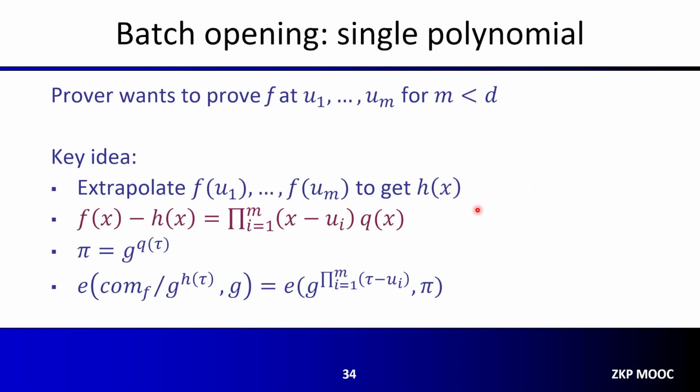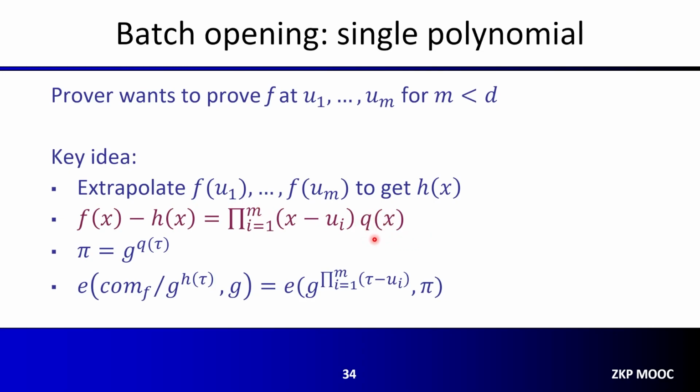And there exists a unique polynomial h of x of degree m with such a property, with a leading coefficient 1. So with such a polynomial h of x, then we have a new equation here. f of x minus h of x equals the product of x minus ui for i equals 1 to m times the quotient polynomial q of x.